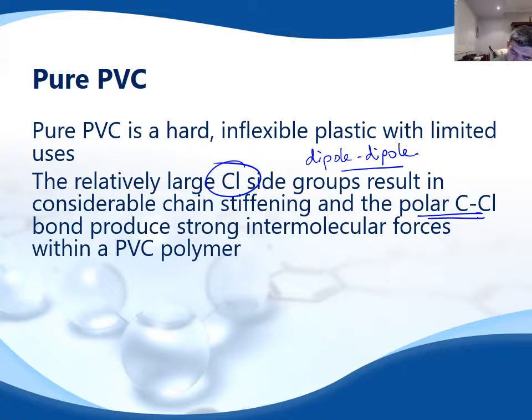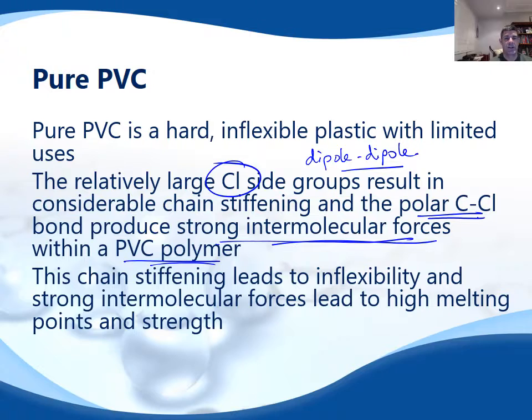Because of that, there are very strong forces within the PVC polymer, and that makes it harder, but it also means that there's no flexibility. The presence of the Cl is also what contributes to chain stiffening, and that's what creates this inflexibility, high melting point, and high strength.